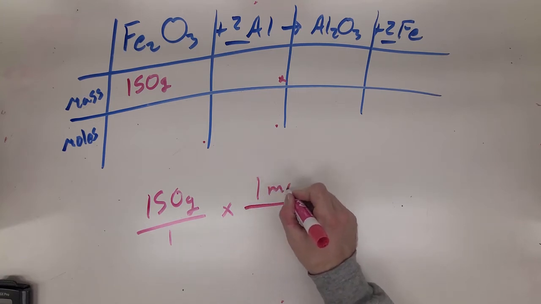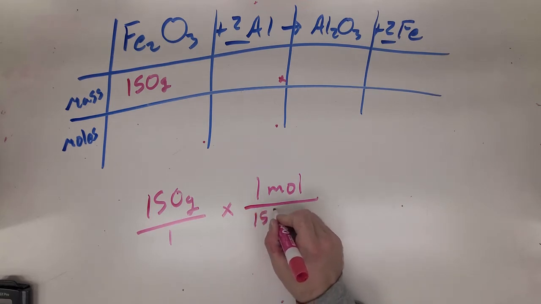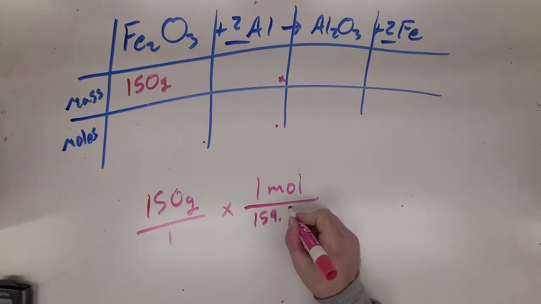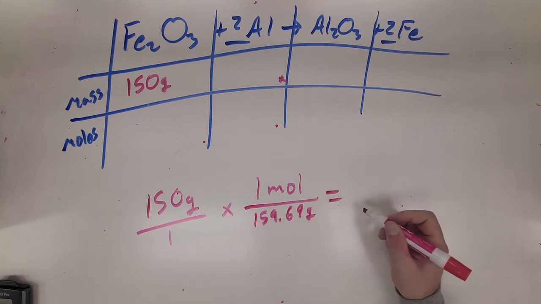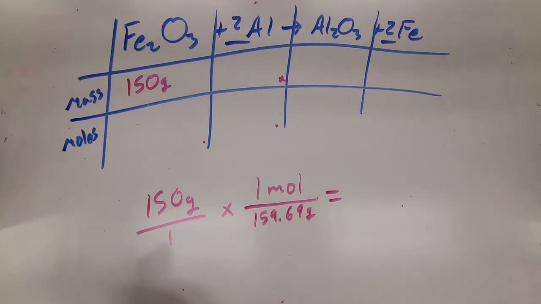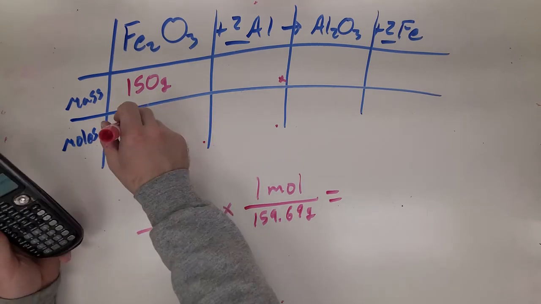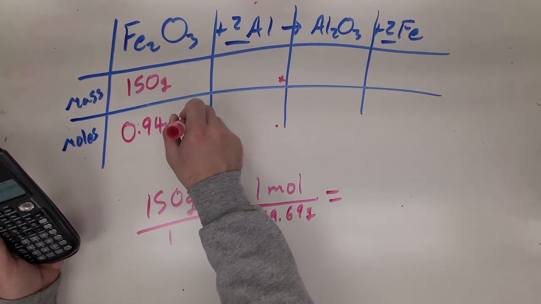This is going to be 1 mole on top over 159.69 grams. And this is going to be the same thing as 150 divided by that. So 150 divided by 159.69 gets us about 0.94 moles.